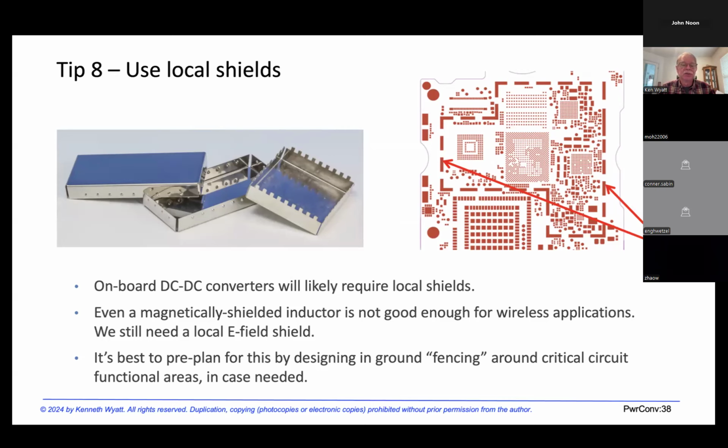Most of these shields are effective mainly for E fields. So we know we get a high E field at the switch node of DC to DC converters. So especially for sensitive circuitry, you may need to put a local shield over the power conversion block, for example.